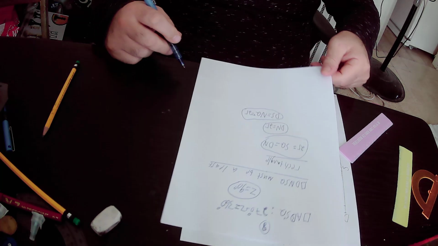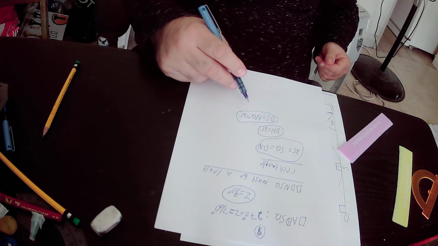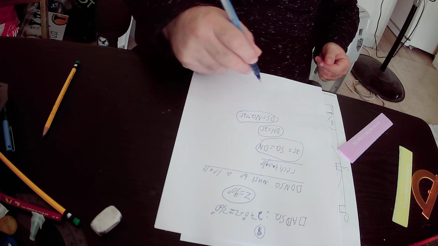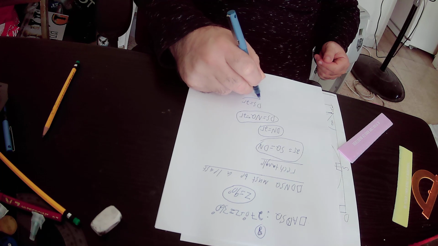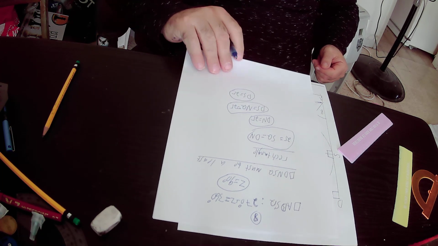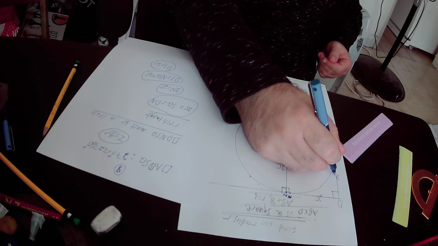So from this equality we derive that DS equals 2R.